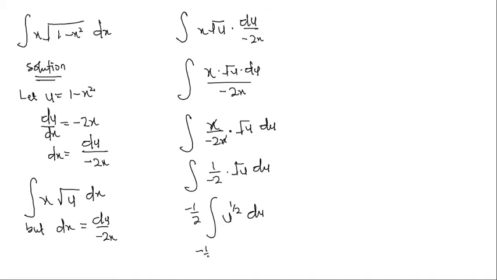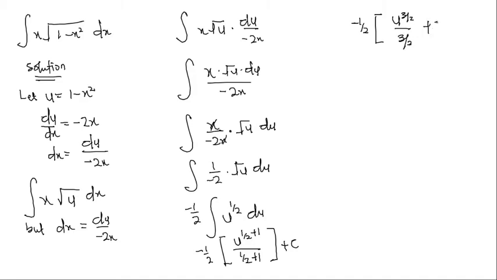So we have negative half. Now if we integrate u, we have u to the power half, then we add 1 to it and we divide all by the new power, which is half plus 1. Then we add c to it. So we have negative half, then in brackets, if we add 1 to half, we get u raised to the power 3 over 2 divided by 3 on 2, plus c.